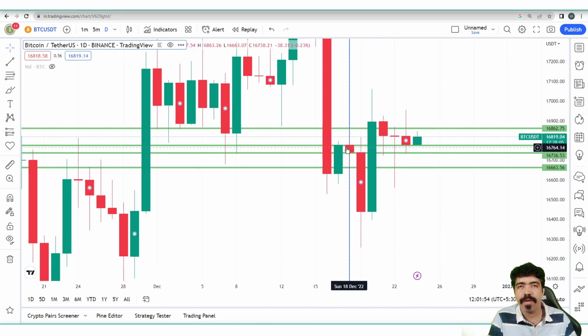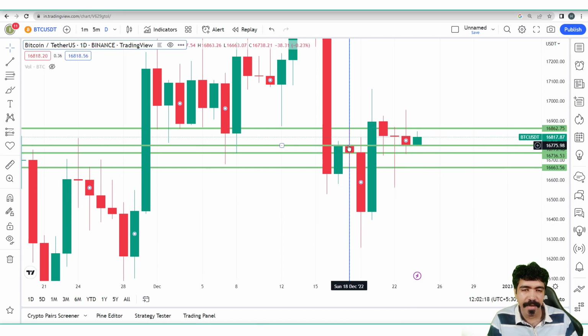The price went down because the color of the candle is red. The highest price was $16,862, and the lowest price was $16,663. The opening price was $16,775 and the closing price was $16,736. This is the candle of 18th December 22 of Bitcoin.